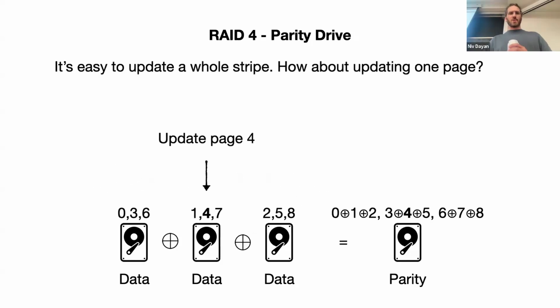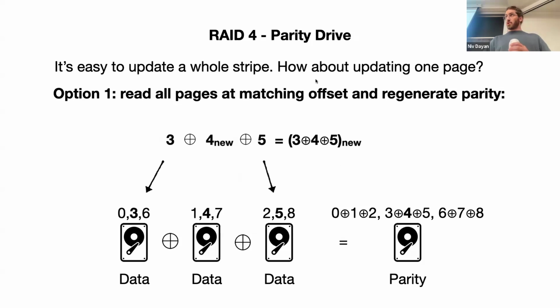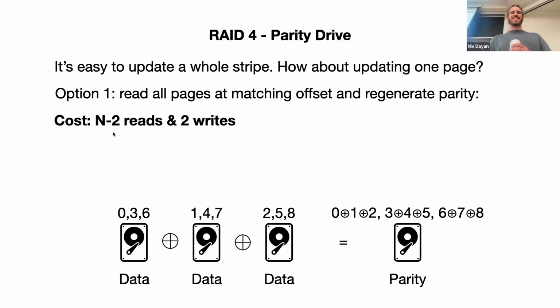We can be a bit more precise, right? So this is the solution. I have the new value of 4 here. I'm going to read pages 3 and 5, store them, and then write the new parity on this parity drive. And this is the cost.